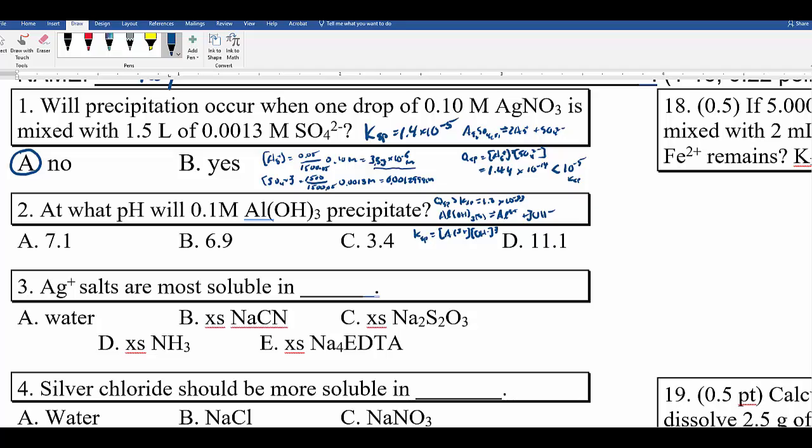So to get the hydroxide equal to the KSP, QSP equal, in that case, the hydroxide has to be equal to the KSP divided by the aluminum concentration, and we take the cube root, 1/3.